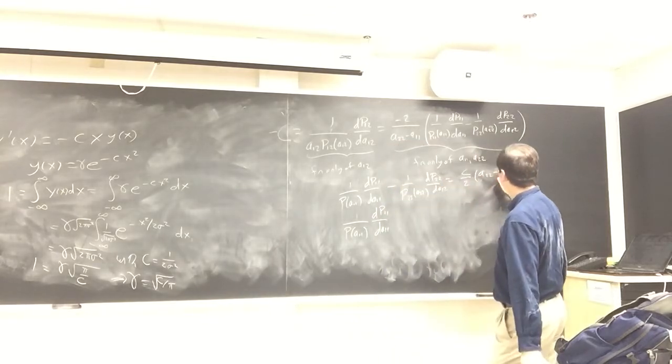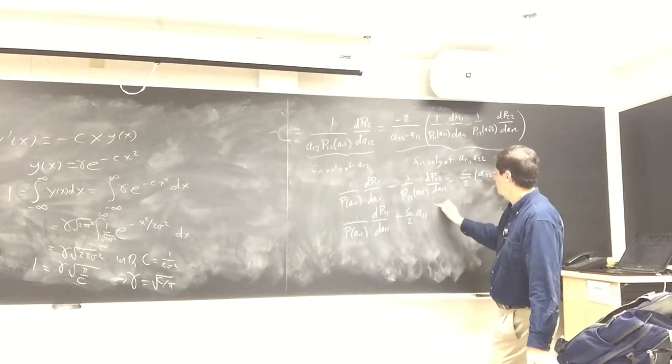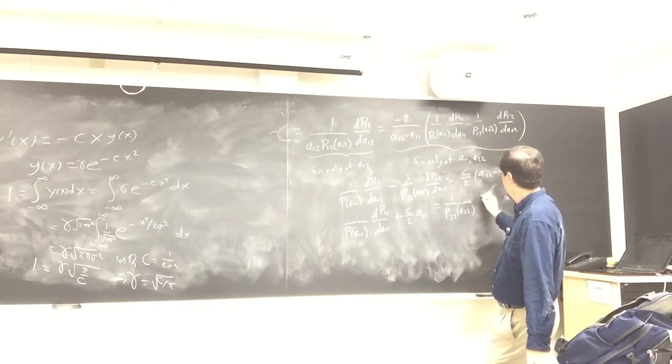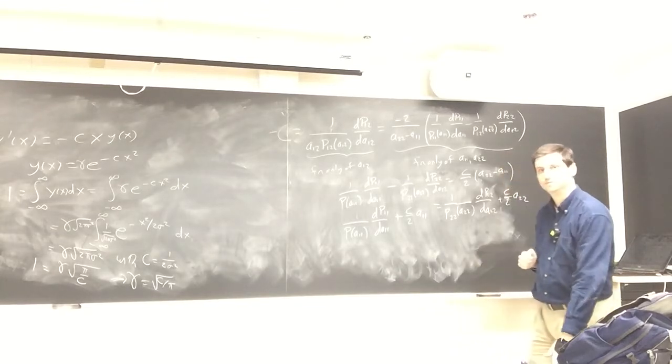And now we have a minus, so that becomes a plus C halves A11. And then I move this over to the other side, and I'll have 1 over P22 A22 dP22 over dA22 plus C halves A22.